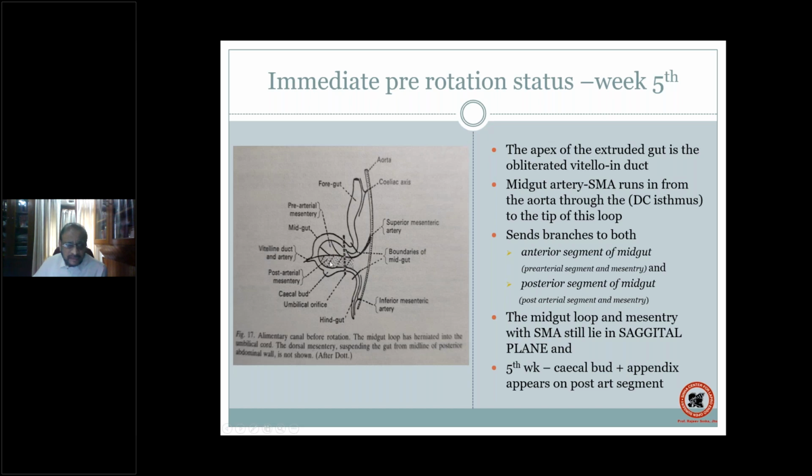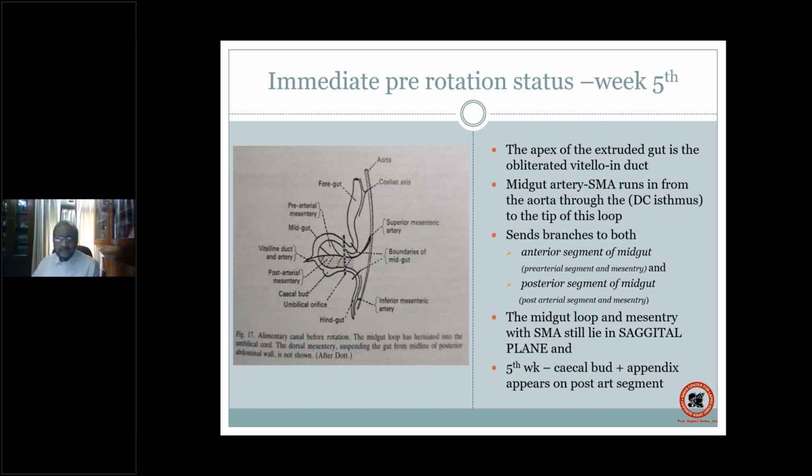So this is the afferent part of the midgut. This is the efferent part, also known as the prearterial segment and the postarterial segment. And at this point, in the postarterial segment, you can see the development of a cecal bud and an appendix, right? Now, at this point of time, this whole thing is lying in a sagittal plane, right? It is in a sagittal plane.